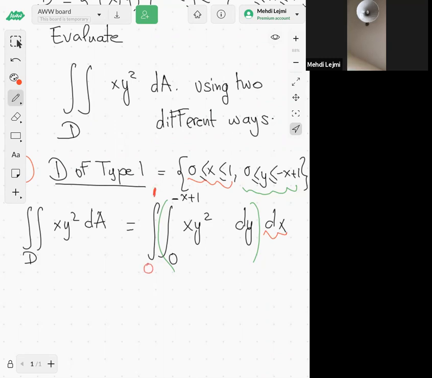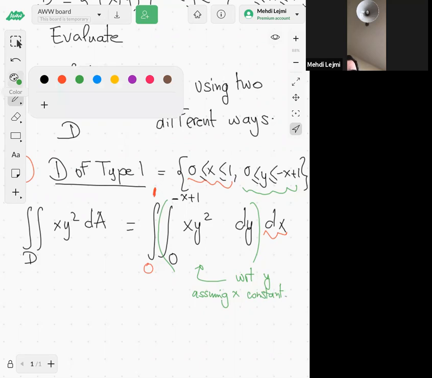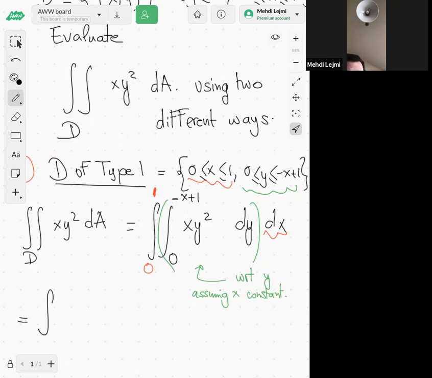If you integrate with respect to y, assuming x to be constant, then we keep the 0, 1 here, the dx.